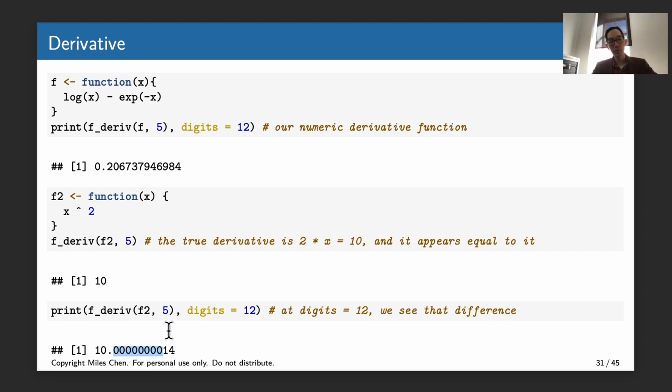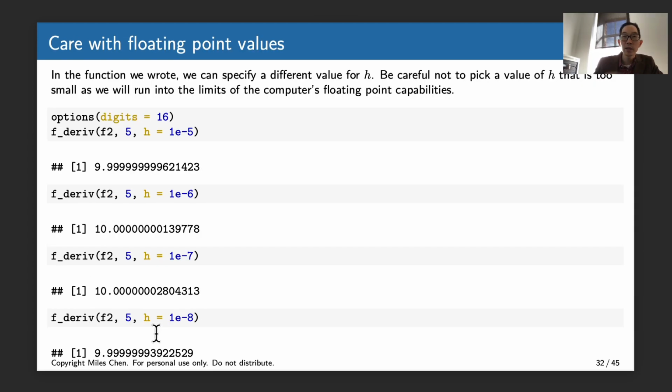So 8 places after the decimal, it's pretty accurate. It's not exact. The theoretic value is 10. Derivative at 5 is equal to 10, theoretic value. And our floating point approximation is a little bit off. But for most intents and purposes, I'd say it's pretty good.